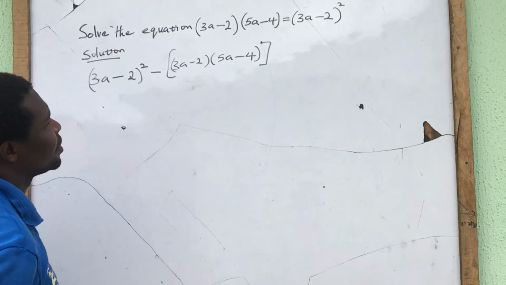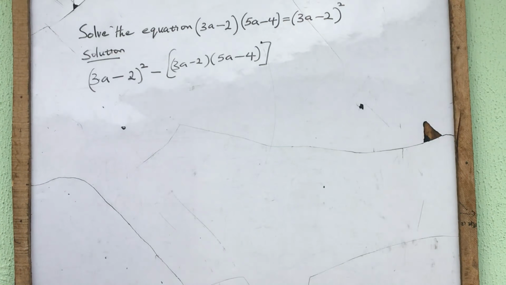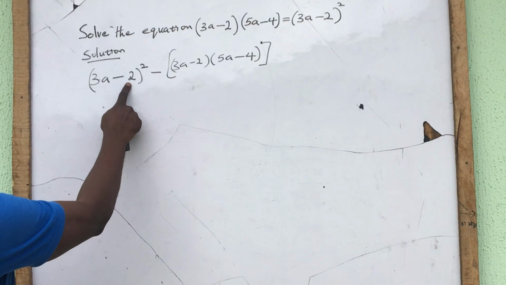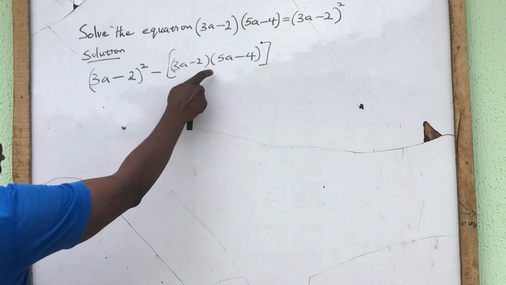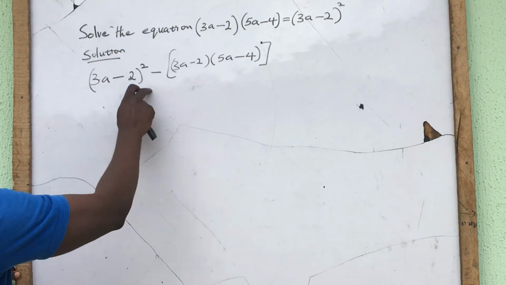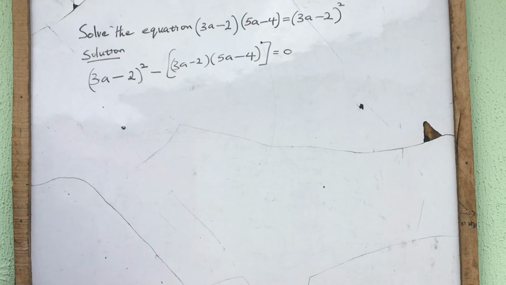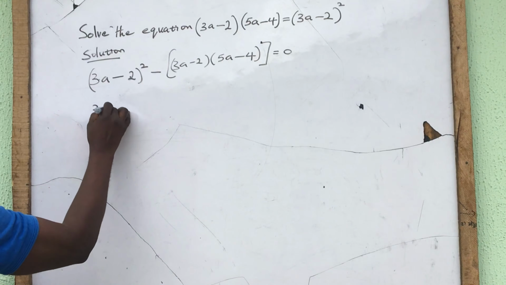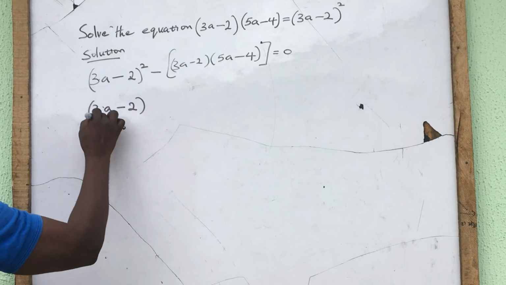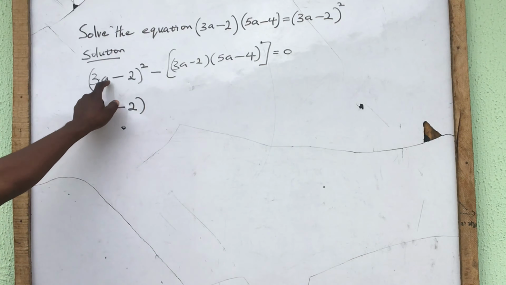Let's look at this. If you look at it very well, you see that 3a minus 2 is common to both of these terms. So this equals 0. From that, let's factor 3a minus 2 out so you can see it here.